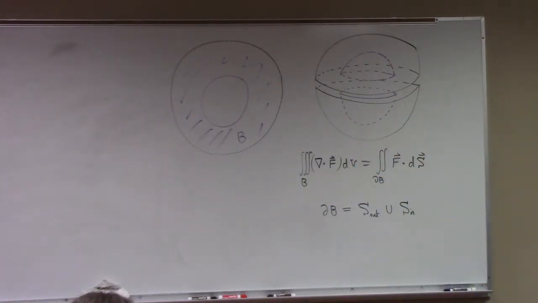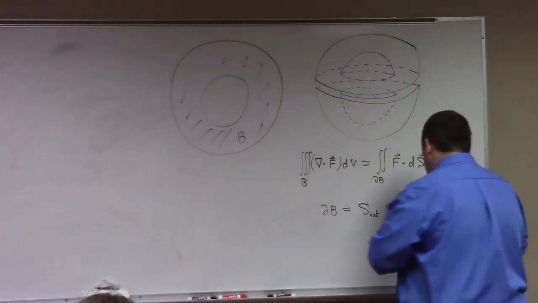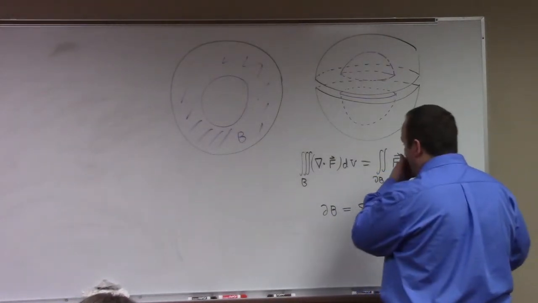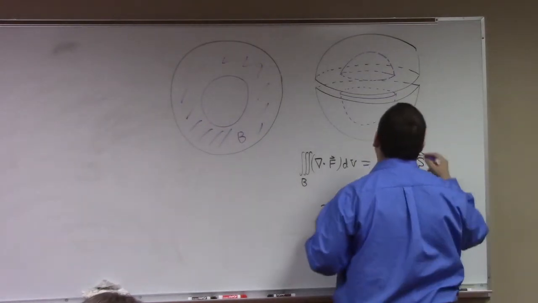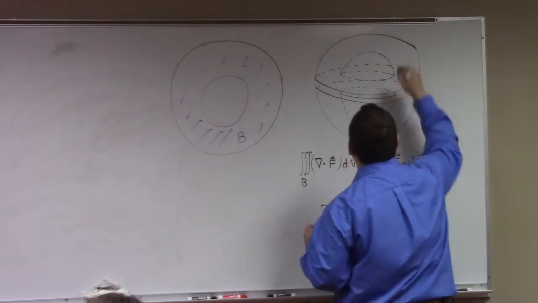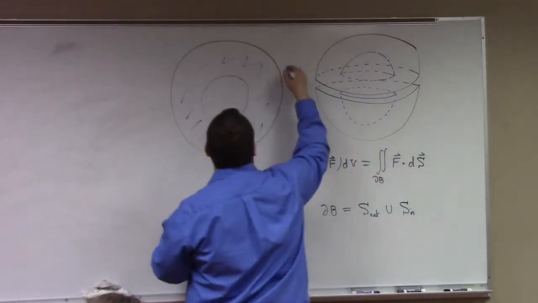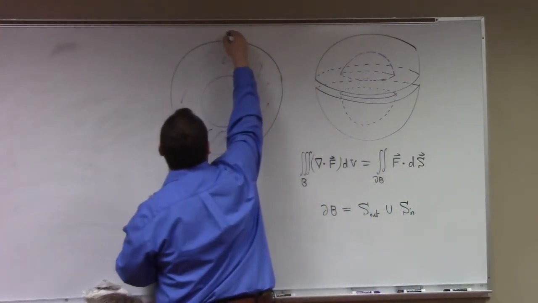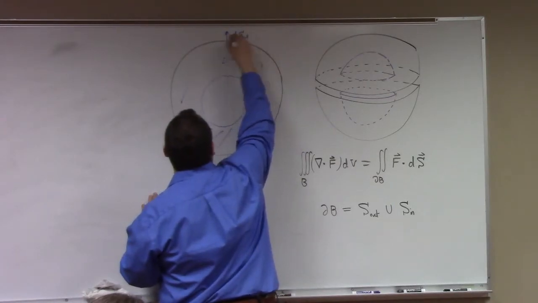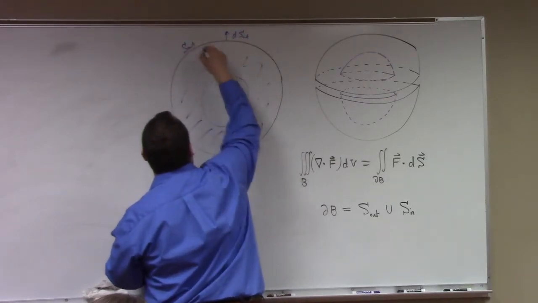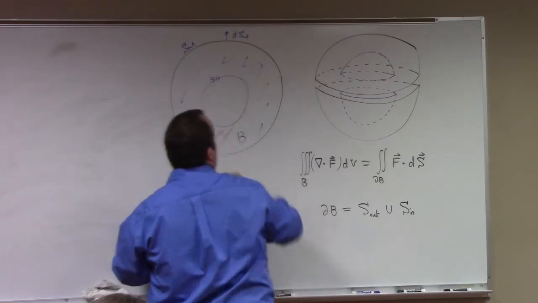So let me be more specific here. This is the normal of the outer part. So this is S out. This is S in. Right?